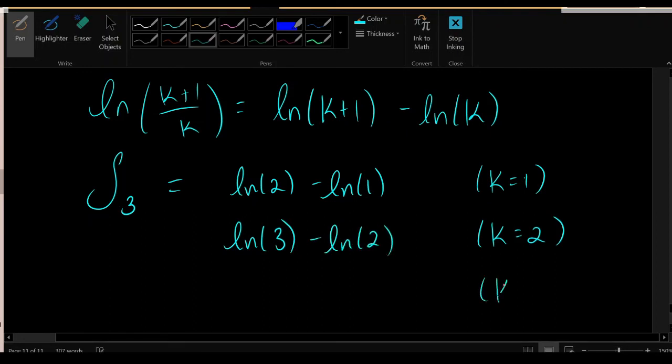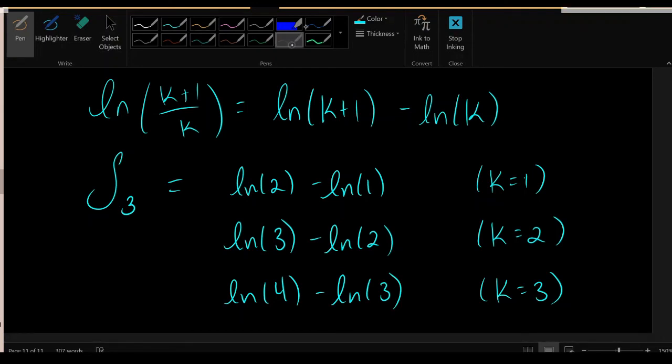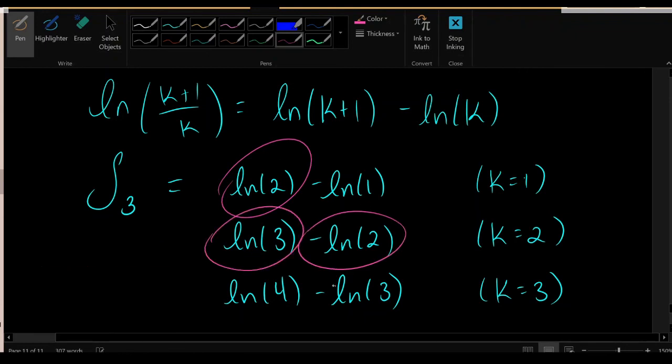And when k is equal to 3, I get natural log of 4 minus natural log of 3. So once again, because I have a minus sign attached to a term with a k, and I have a plus attached to a term with a k plus 1, these alternating signs cause these internal terms to cancel out.